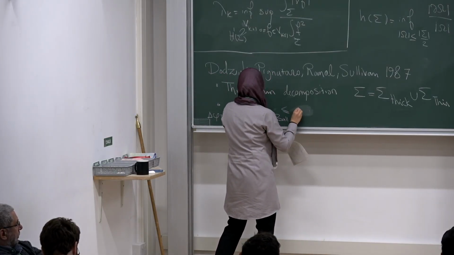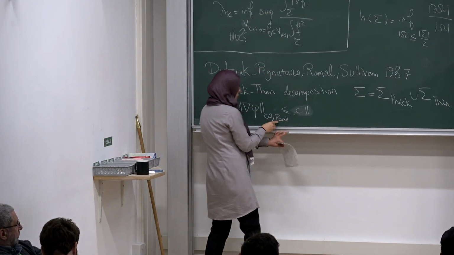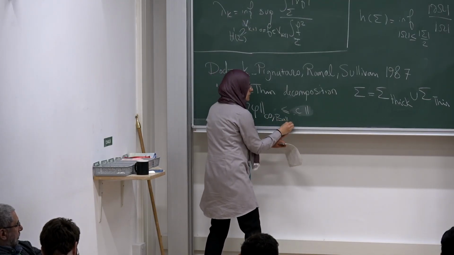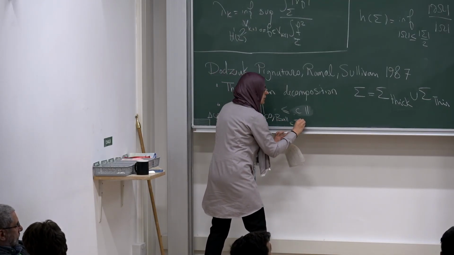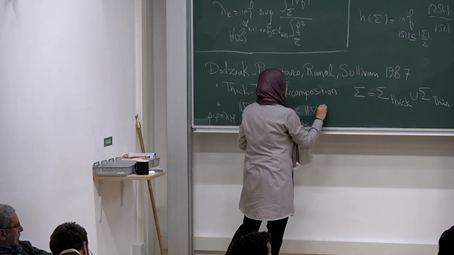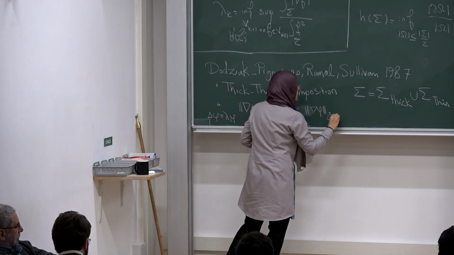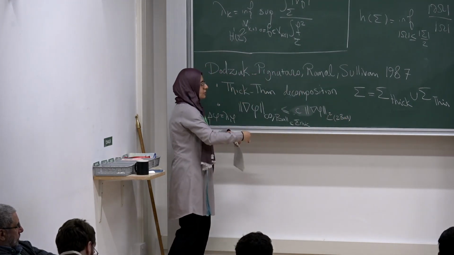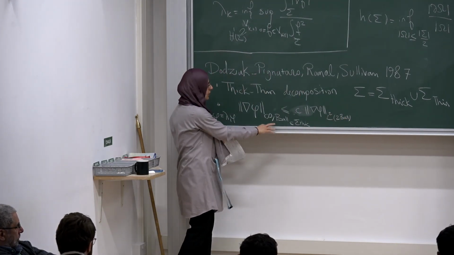I use B_i for geodesic because later it will be the boundary geodesic. On the thick part, when the ball is in sigma thick, this is controlled by the L2 norm of the gradient on a ball twice as big as this ball.